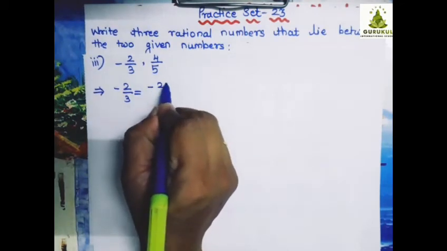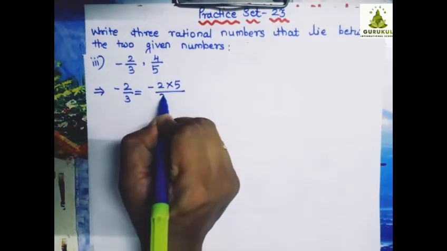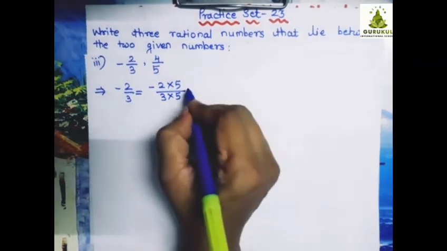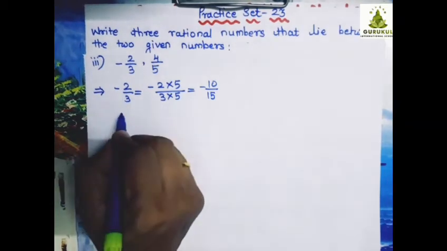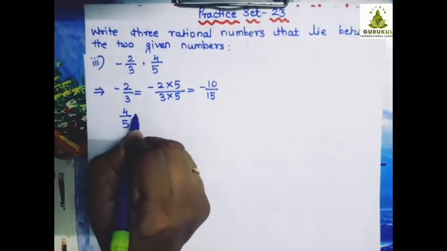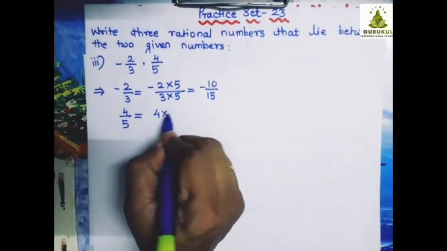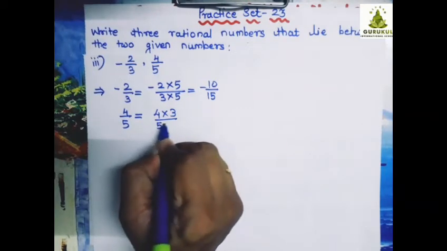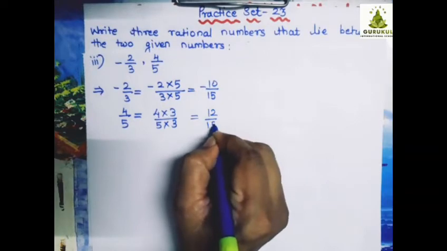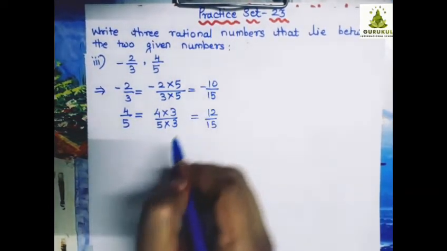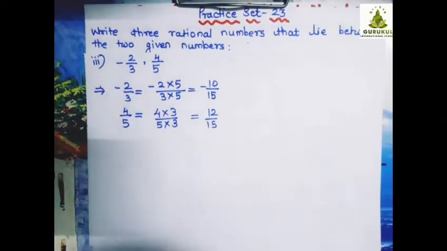So minus 2 into 5 upon 3 into 5, which will give you minus 10 upon 15. And secondly, 4 upon 5 is multiplied by 3, so it will give you 12 upon 15. So you got two fractions, minus 10 upon 15 and 12 upon 15.